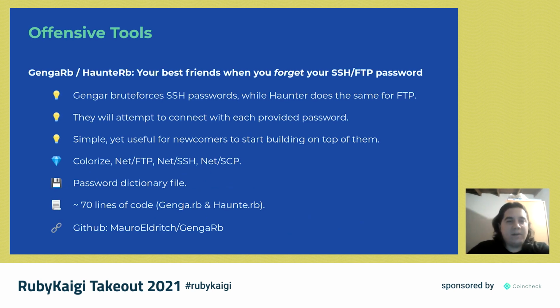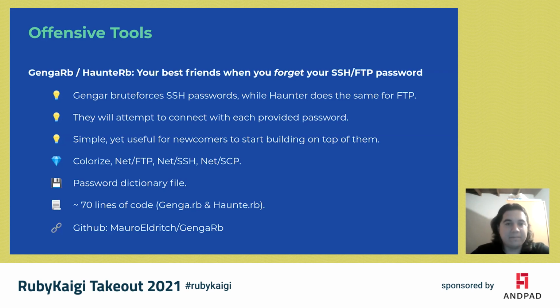Gengar B and Hunter B are really basic in case you want to introduce yourself to offensive security with Ruby. They are basically brute forcers for SSH and FTP. They will attempt to log in with a provided user and a provided dictionary of passwords.